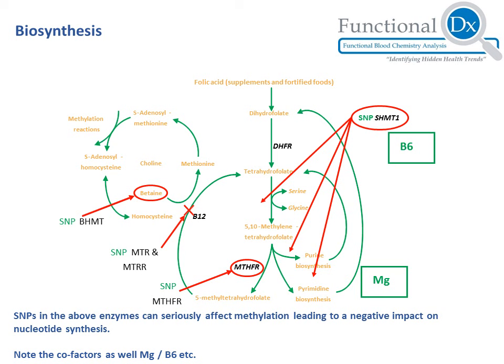We need to be able to go down through dihydrofolate to methyl tetrahydrofolate without there being any SNPs in the way. And as we go down, there's one particular enzyme here called SHMT1, which is responsible for this serine to glycine pathway.